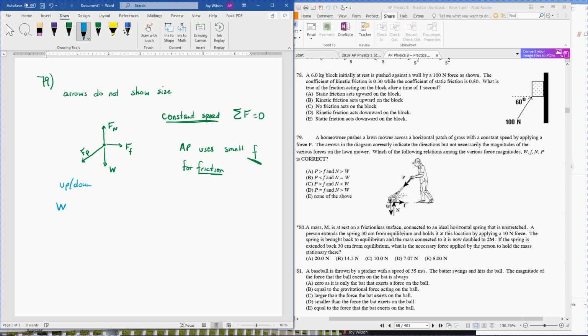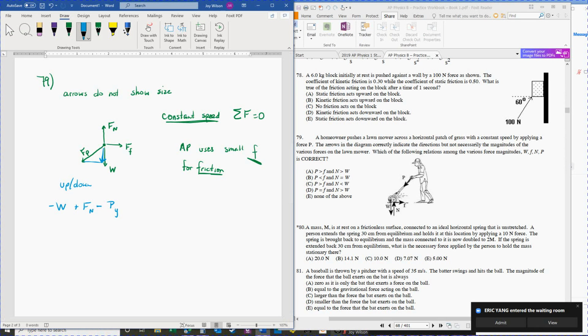We have weight down, we have normal up, and we have part of force P. Part of P is also going to do. So P, the Y value is going to be down as well. So that one is going to be down as well.